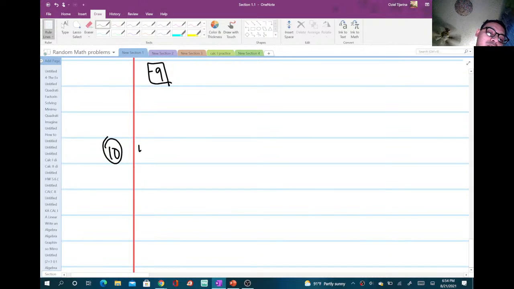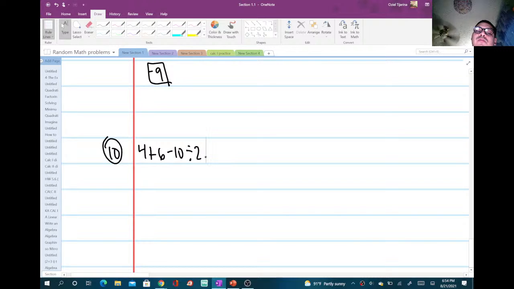So, number 10 is 4 plus 6 minus 10 divided by 2. This one, you're gonna work from left to right. You can do 10 divided by 2 how it is.